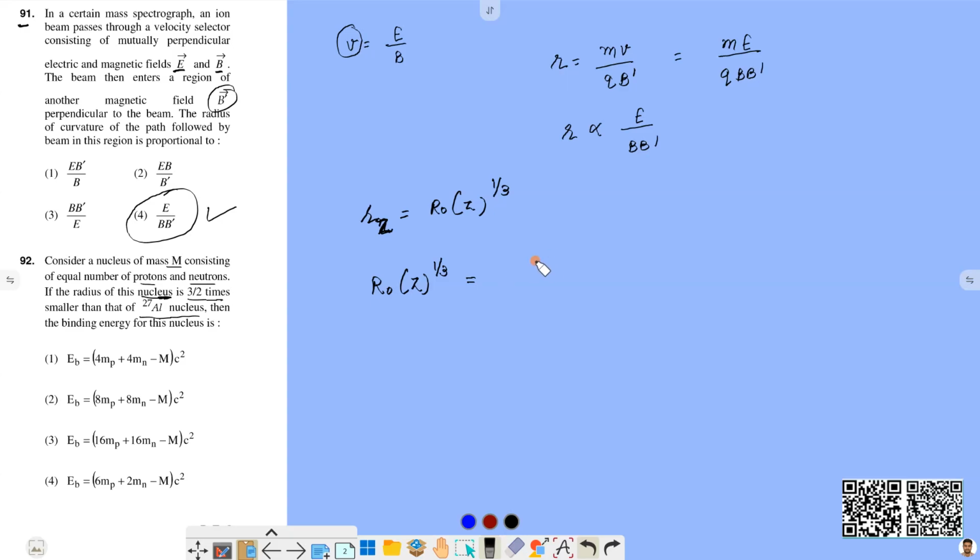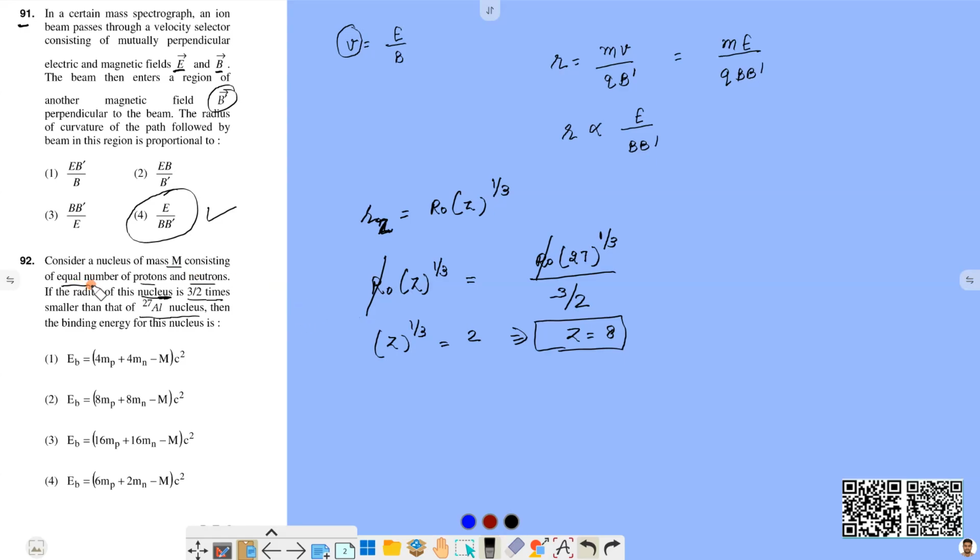So for aluminium it will be r naught times the mass number 27 raised to power 1 by 3, divided by 3 by 2. So r naught is cancelled. Now this will give us 3, so A raised to power 1 by 3 will be equal to 2, and from this A is equal to 8. So the mass number we are dealing with here is equal to 8.